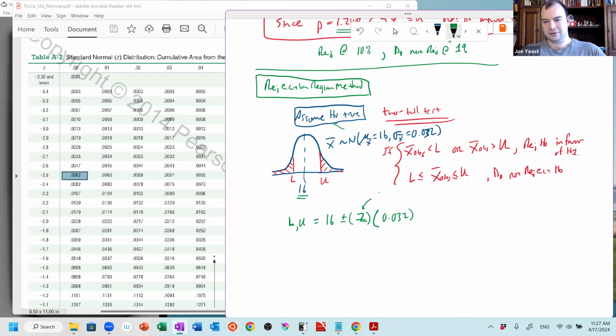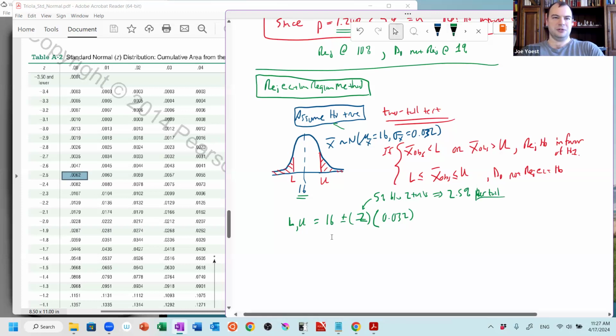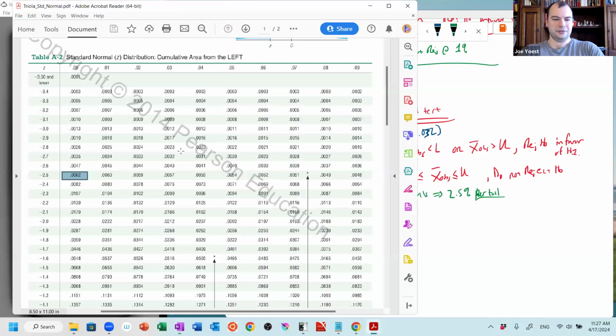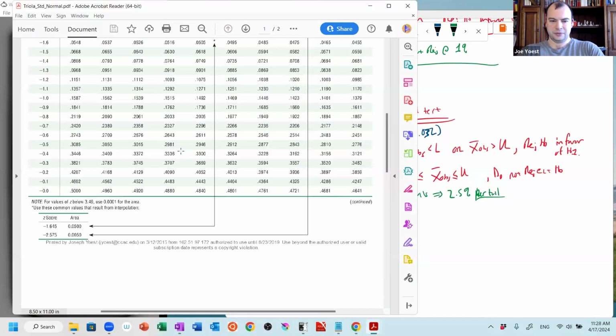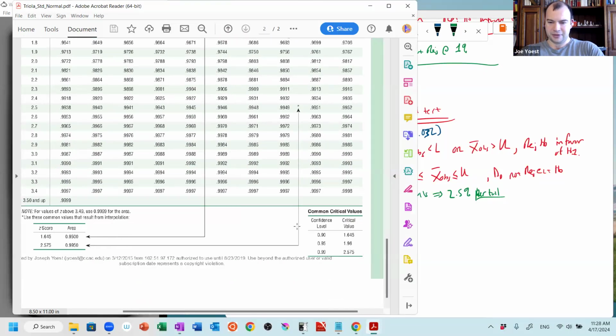So here I have 5% between two tails, or 2.5% per tail. So I'm looking for z 0.025. And I actually have that.